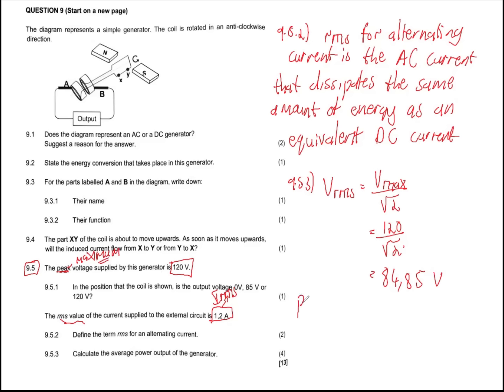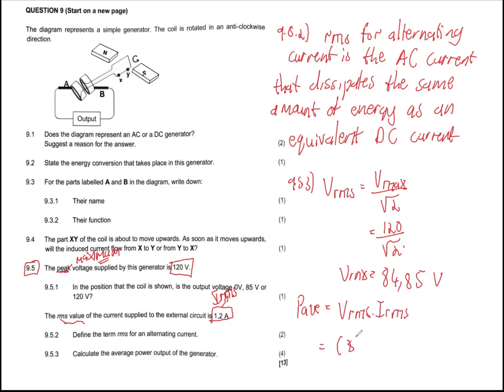Then our P average is going to be, from the formulas that we have for power, if we are given IRMS and also VRMS, then the formula we go with is VRMS multiplied by IRMS for the average power.